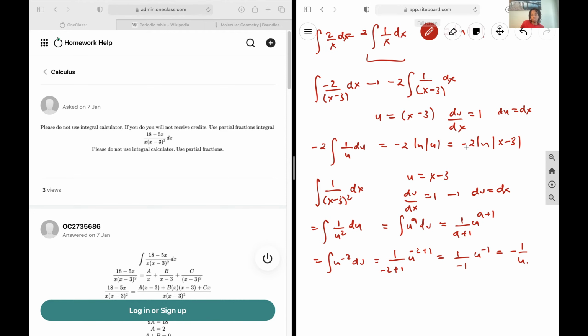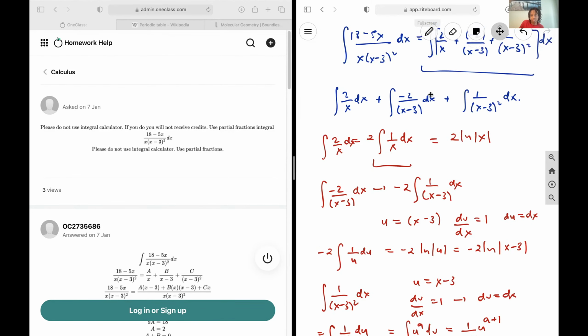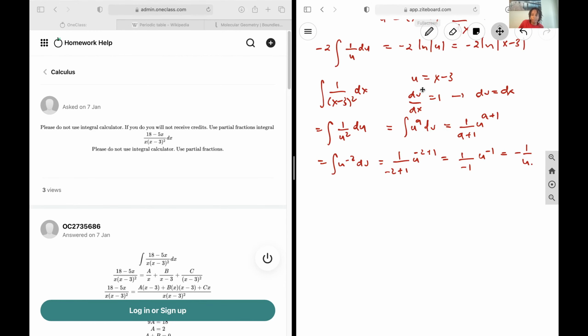And then we just plug in all of these integrals that we have found now back into this, because we know that these two are going to be equal.